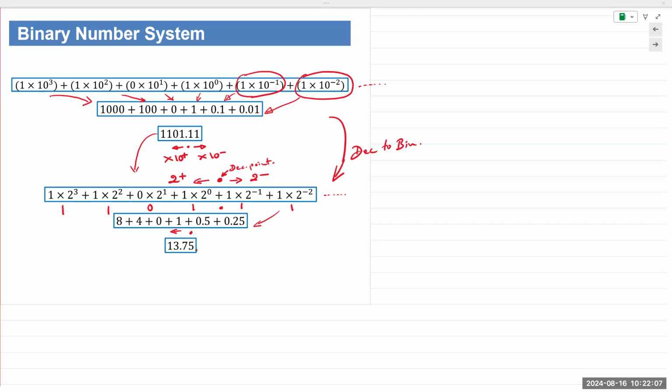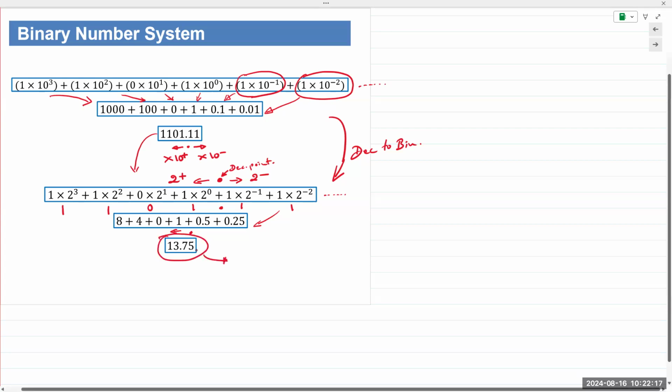All right. So then we get 8 plus 4 plus 1 plus 0.5 plus 0.25. When you sum it all up, you obtain 13.75, which is the decimal equivalent number of 1101.11.